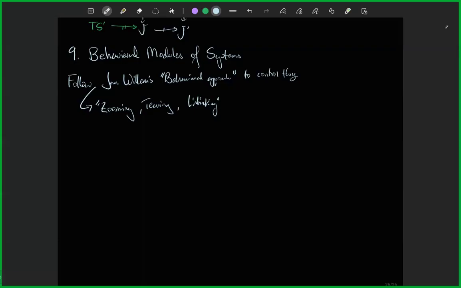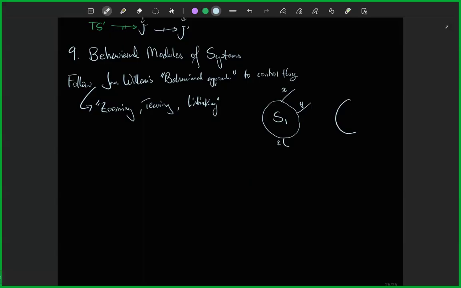Zooming, tearing, and linking. And the idea is that we have a bunch of systems. So we have, say, systems, and a system lives in a little bubble. And poking out of that bubble are these little wires, and these little wires carry variables that make sense for the system.